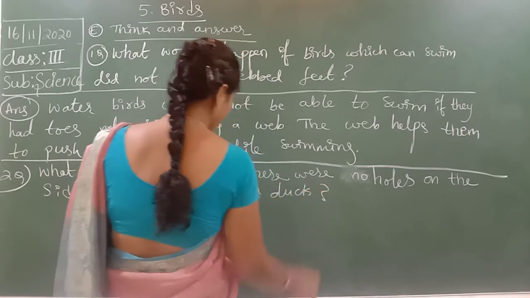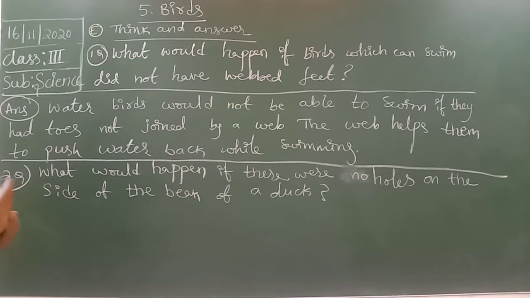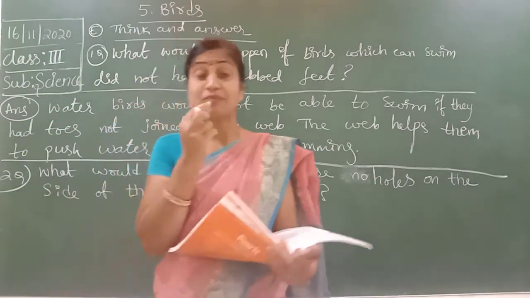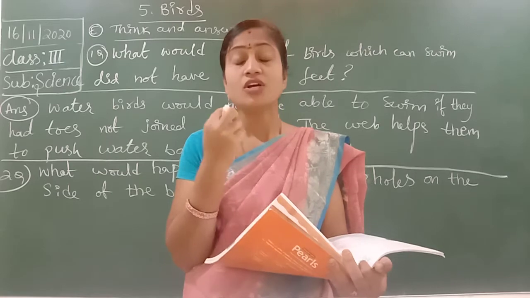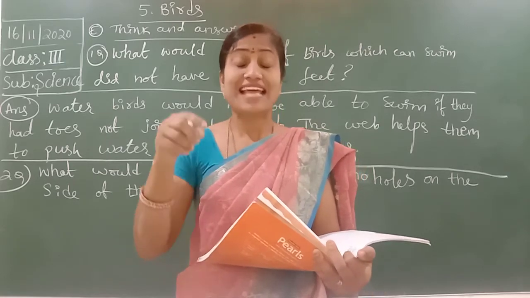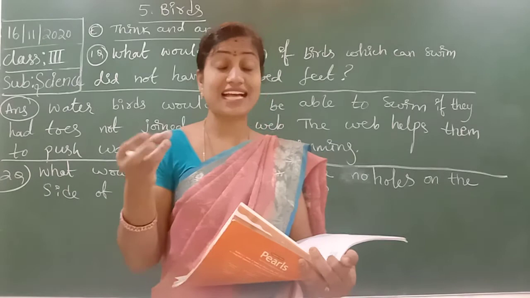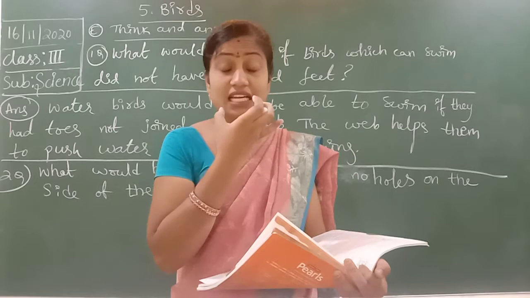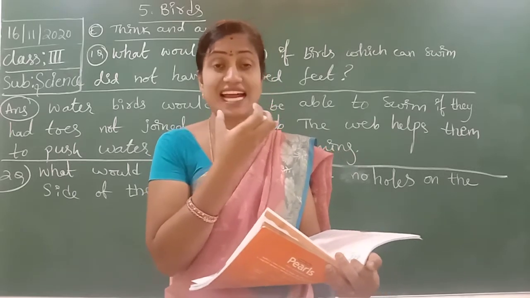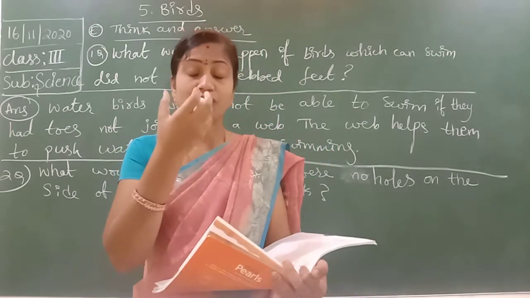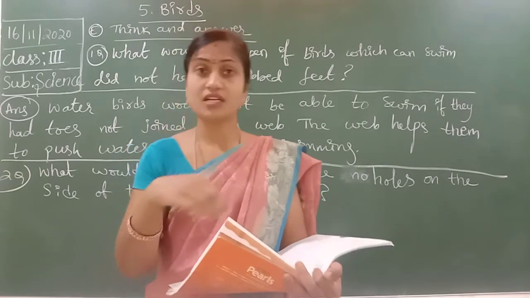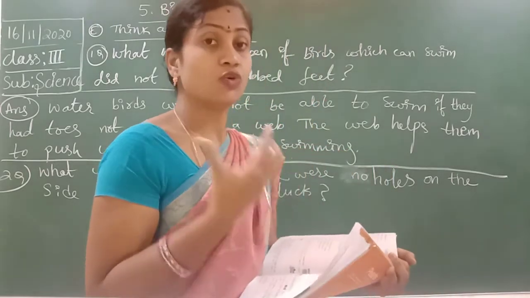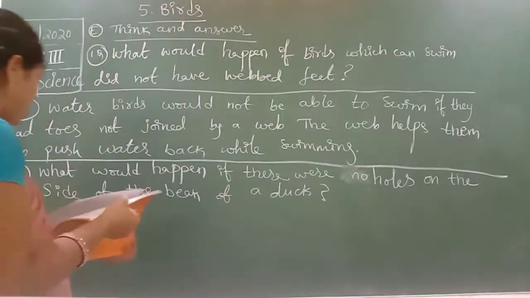The duck has two holes on the sides, no? In the water they have to search for their food, so they grasp the food in that water only. The water goes out through the two side holes, no? Only the food goes inside, and the remaining water goes down, because of the two holes on the sides. So, answer.